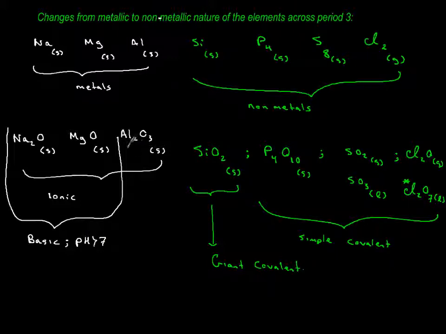Aluminum oxide, although ionic, although aluminum is a metal, is going to be an amphoteric substance. So this is amphoteric, meaning it has both acidic and basic nature. Now the rest are easy.